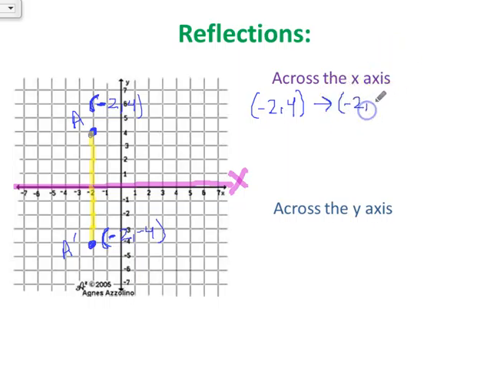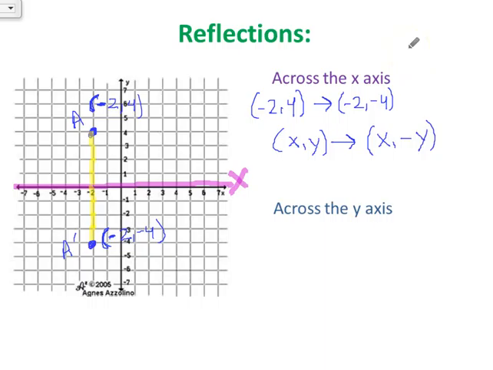So there is actually a pattern when we reflect points across the x-axis. The pattern is that you start with your original x and y coordinate, and then when you reflect it, the x-coordinate is going to stay the same, but the y-coordinate will just change signs.